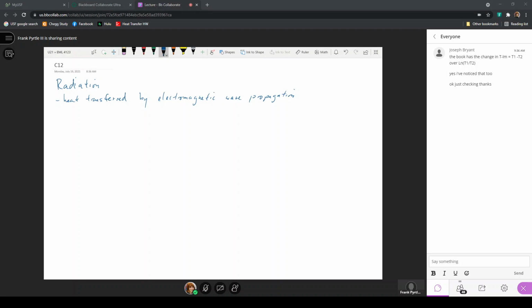But when we get to radiation, there's no required participating medium, so we can have heat transfer between two surfaces, let's say surface 1 and surface number 2, and there doesn't have to be any medium in between the two in order for heat to transfer back and forth by radiation. Now, this allows us to classify radiation as what we call a surface phenomenon.